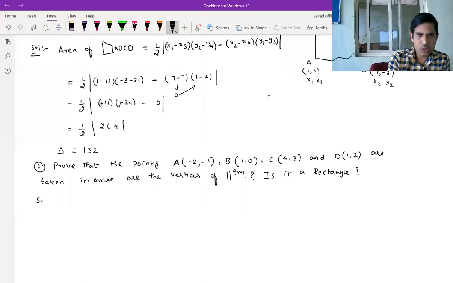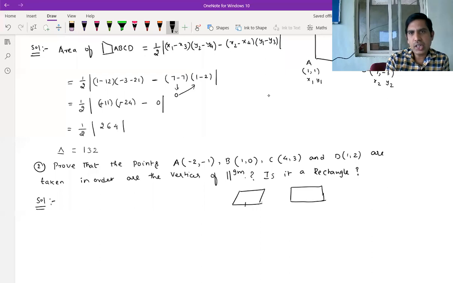Now the solution, observe. First we have to know what a parallelogram is and what a rectangle is. I have already given the properties of some geometrical figures, where we discussed how to prove a parallelogram and how to prove a rectangle when points are given.